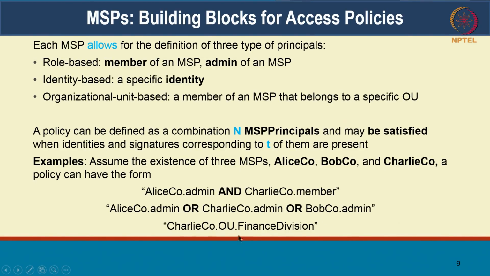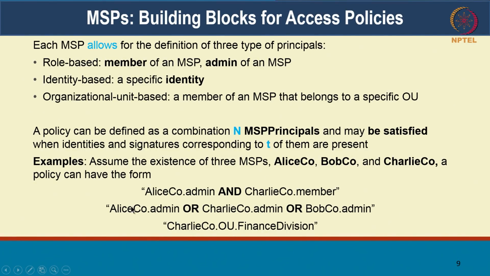So what do some examples look like? So for instance, aliceco.admin and charlieco.admin means that both of these have to have signed for you to accept this. These AliceCo, BobCo and CharlieCo are existing MSPs, existing organizations on the network. And this rule says that both an admin from Alice and a member from Charlie should have signed this transaction.